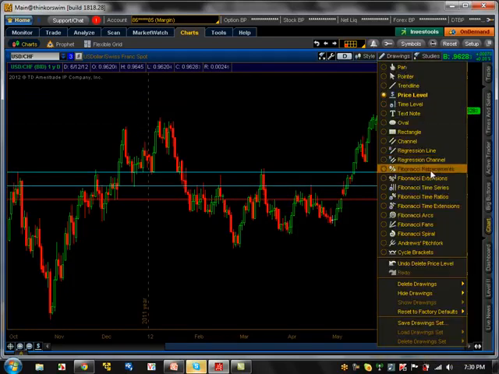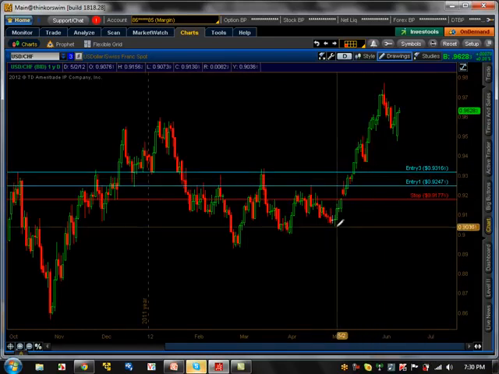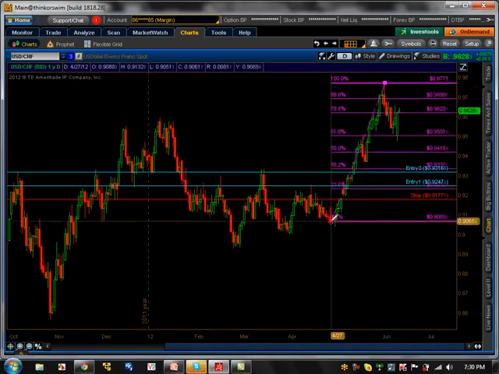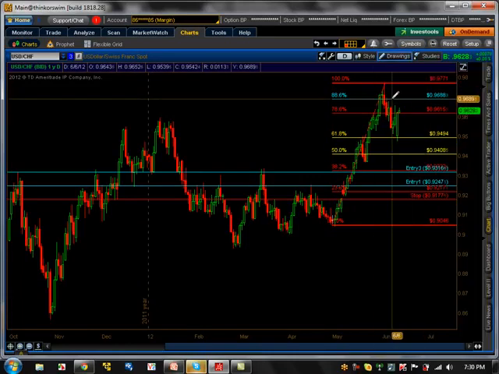So let's go get my retracement tool. Let's say that basically this entry 3 was using this one. So I'm going to draw this, and I'm going to say my worst case scenario is it gets to 88.6. Then it could come to here.